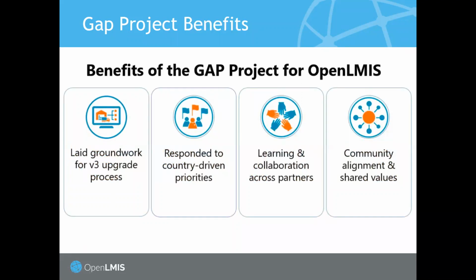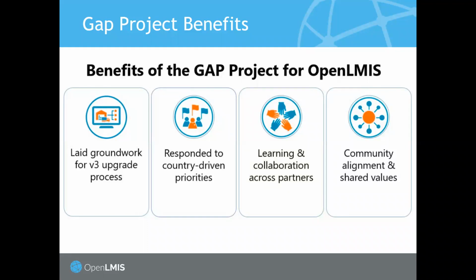So some of the main benefits for the GAP project were to lay that groundwork for upgrading to version 3, and also to incorporate the feedback from lots of countries, so that each country could provide feedback on their priorities in terms of the feature sets that were missing in version 3, and also on the features that maybe didn't really need to be brought over, that were too specific for a given implementation.